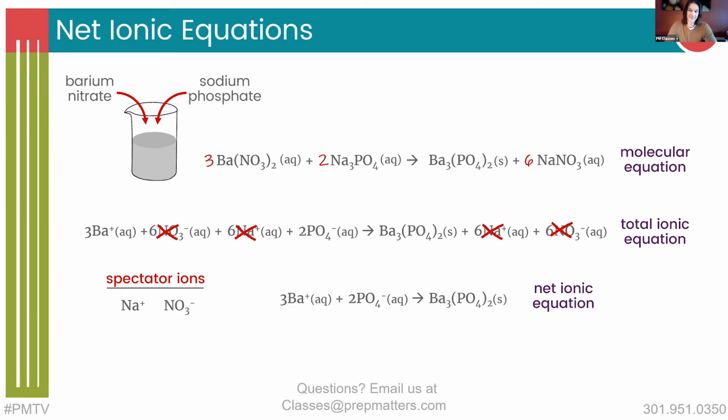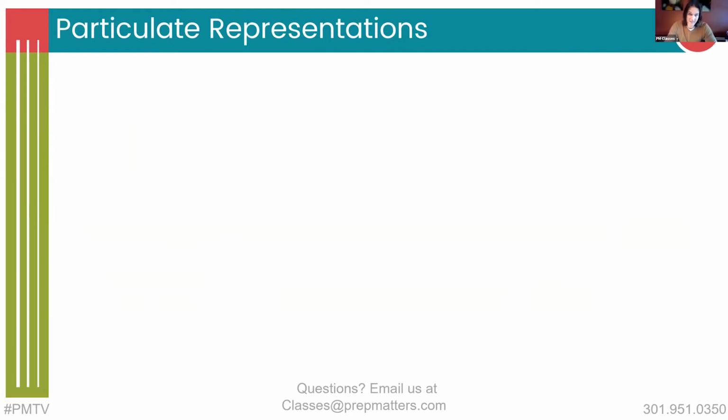So along those lines, if we really want to get a good understanding of what's happening, we might want to use something called the particulate representation. And this is something the AP has been a big fan of for years and years and years. And that is, instead of thinking of a chemical equation in terms of letters and symbols, to actually draw little pictures, right? So it's not really complicated, but it does help understand what's going where.